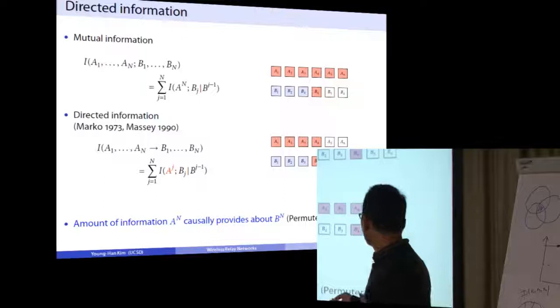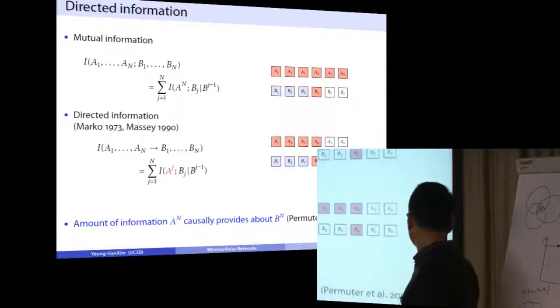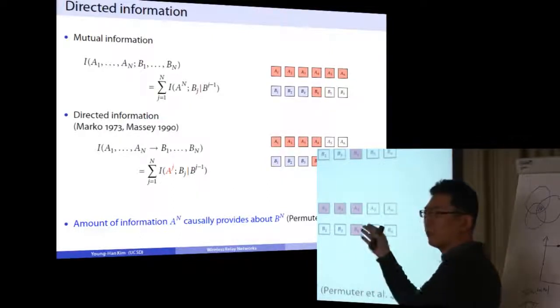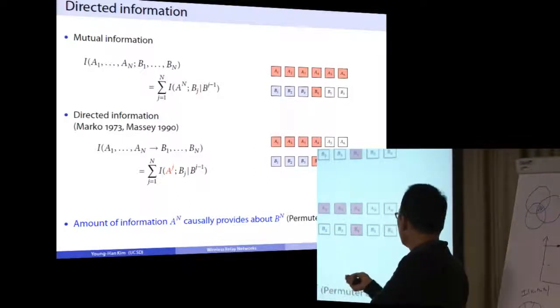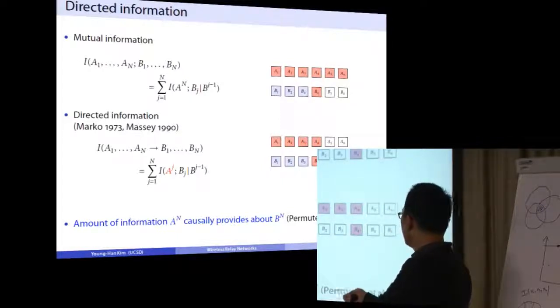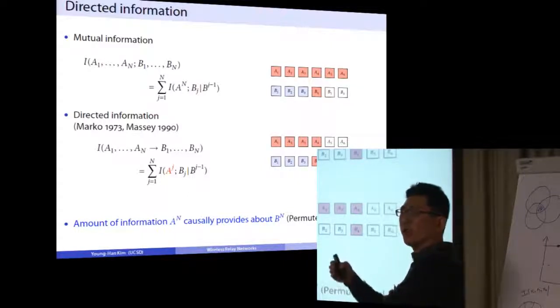One interpretation we were able to get later, in work with Permuter, Weissman, and myself, is that directed information from A sequence to B sequence has a very nice interpretation, which is somewhat orthogonal to the usual interpretation in communication. It can be interpreted as the amount of information the A sequence provides about the B sequence in a causal manner.